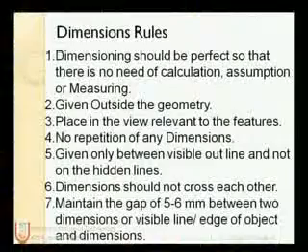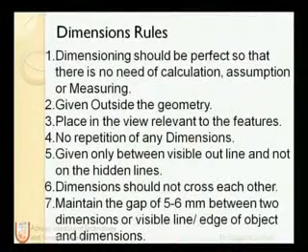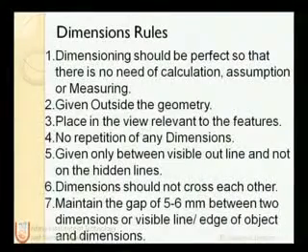So the next one, number 7, is there should be a gap of 5 to 6 mm between two dimensions and two visible lines, or from the dimension line to the edges and the dimensions. It means the dimensions should be visible and there should be some gap, and one should maintain this space in order to read these dimensions very clearly.